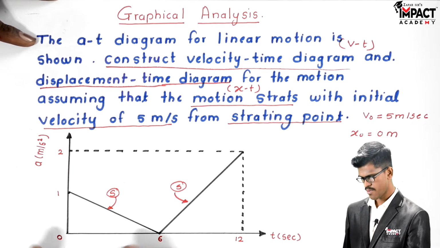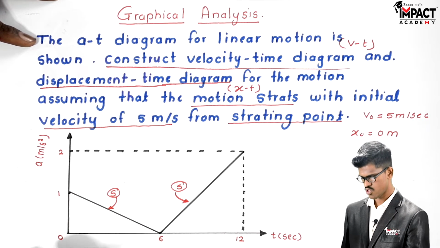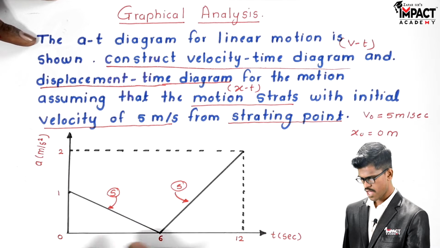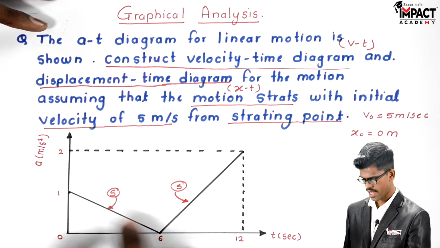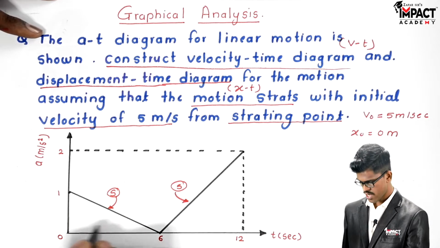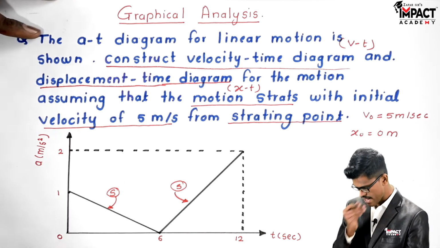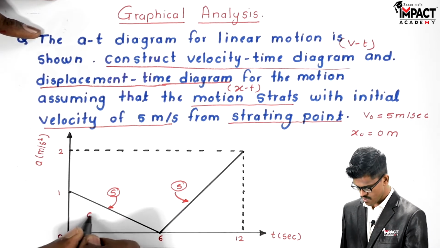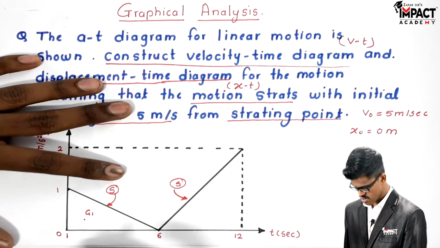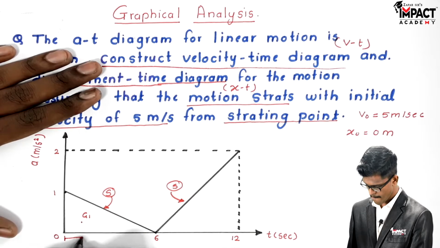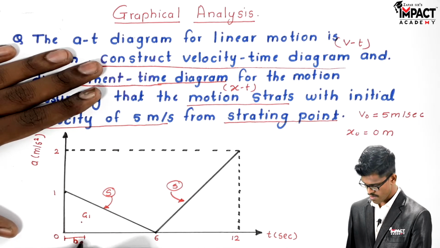Okay, for this time interval 0 to 6 we start the motion from 0 and we have to consider the x coordinate of this triangle shape's centroid. So the centroid of the right angle triangle will be here, h by 3 from the base, or b by 3, sorry.